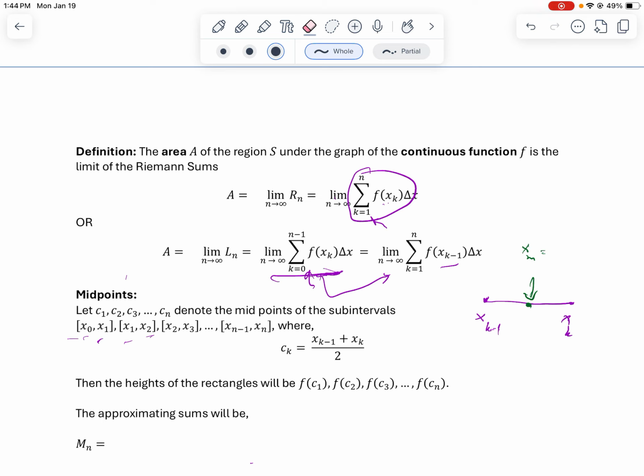We call it c sub k. So this is x sub k, and the previous one will be x sub k minus 1.